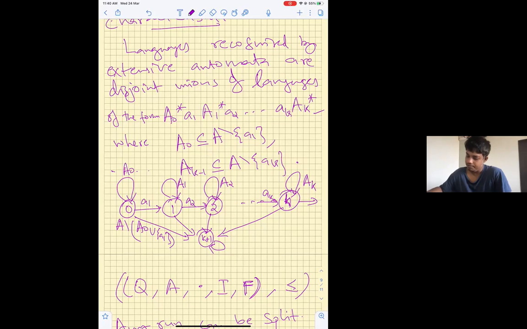And since this automaton is a complete automaton, you will actually see that the product automaton will also be complete. That means any two states will be comparable.